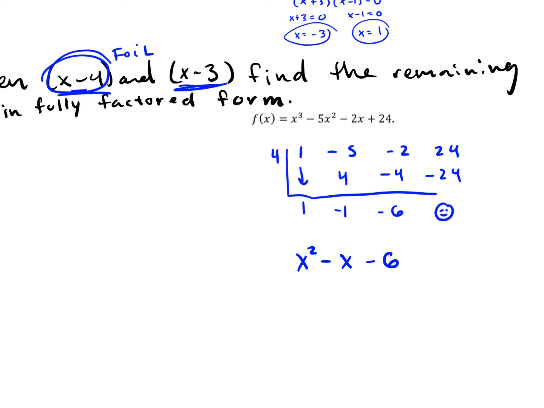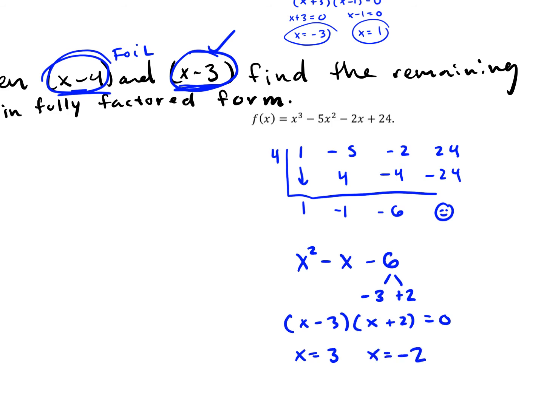I could do synthetic division again with this and then find whatever's left, or I could just factor this. So what are two factors of -6 that add to -1? -3 and +2. So x minus 3 and x plus 2 equals 0. So I have x is equal to 3, which I already knew from here, and then x is equal to -2.